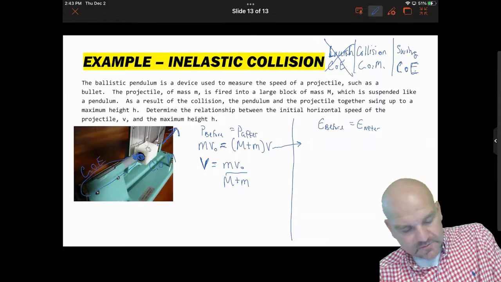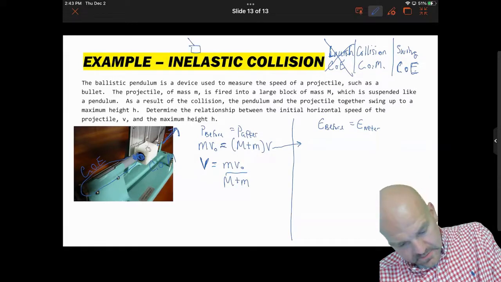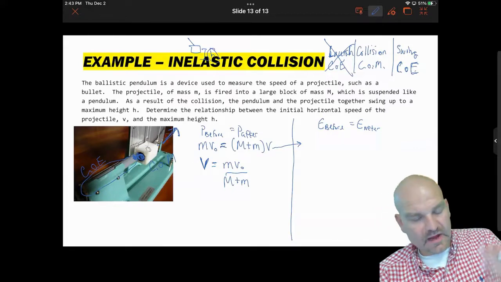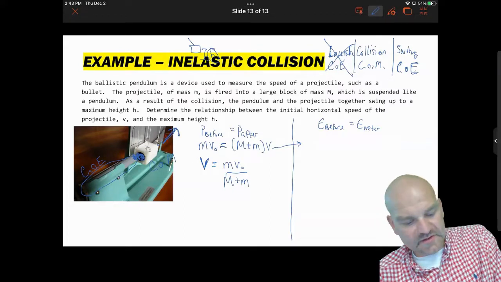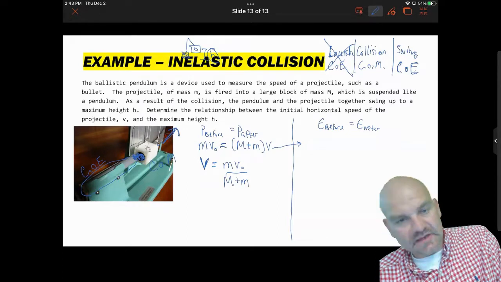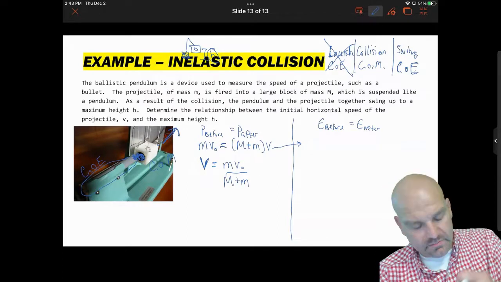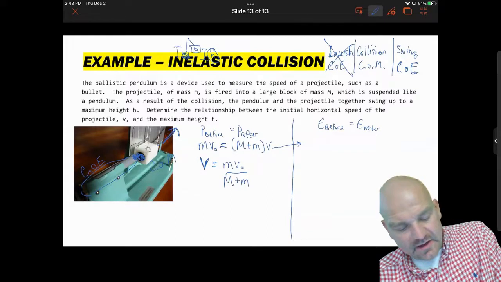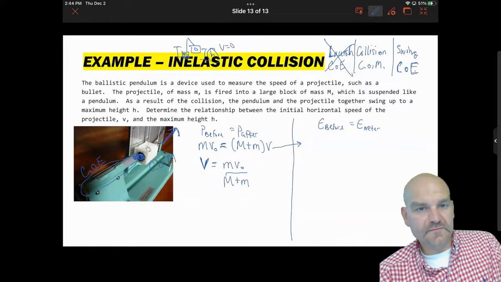Okay, so in a swing, this is the height, this is the kind of relationship I'm looking for with my velocity. Before it moves, the only velocity is the bullet-block system. And then at its maximum height, my velocity is 0.